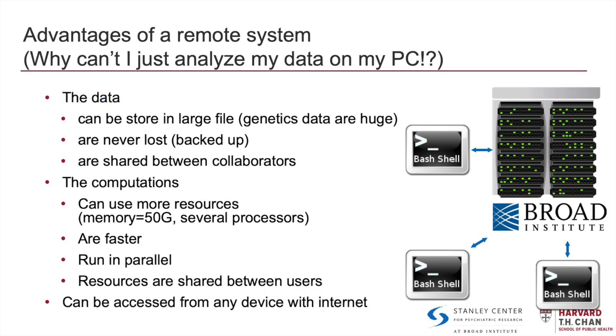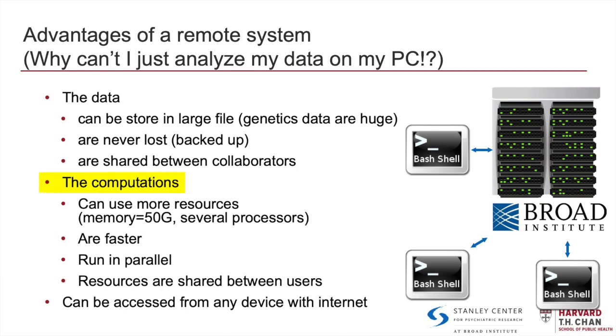The second advantage is about the computations. With a remote system, you can use more resources, something around 50 gigabytes of memory if your computation needs it. You can use several processors, more processors than you have on your local system. You can also run computations in parallel, which means that you can have hundreds of jobs running at the same time.